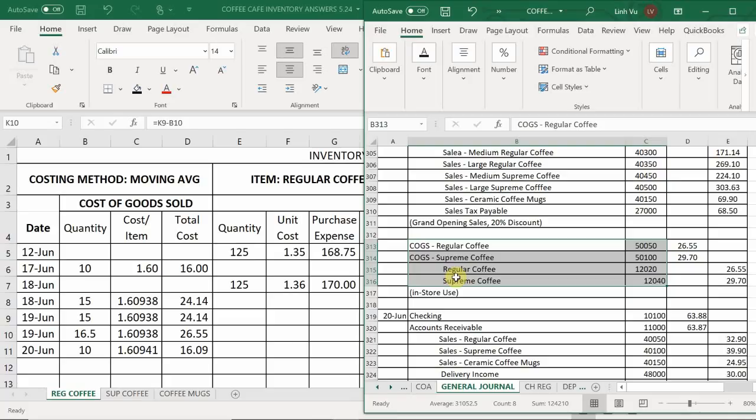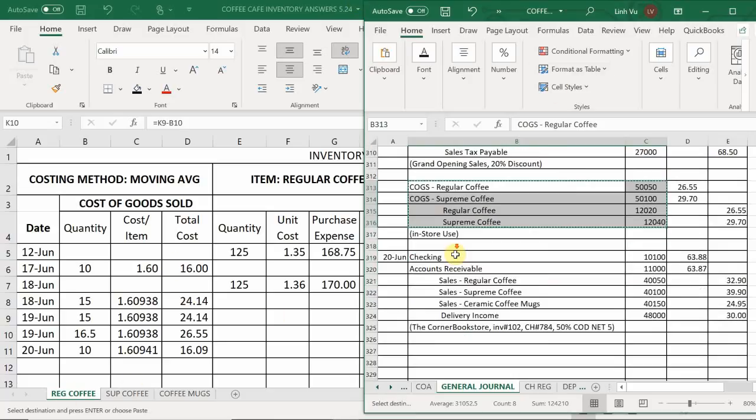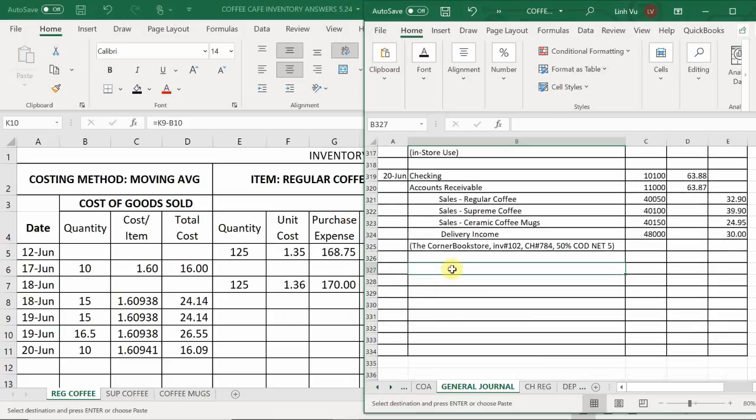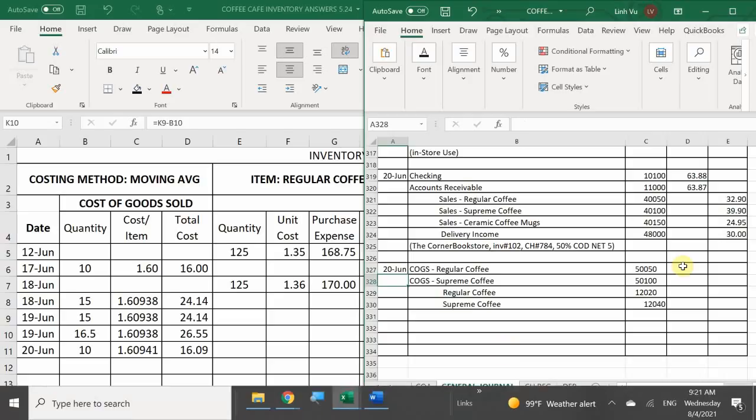Okay? All right, how much did it cost me to sell 10 pounds of my regular coffee? It costs you $16.09. Good.